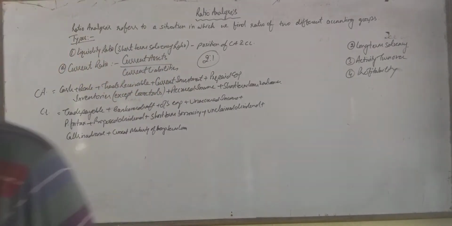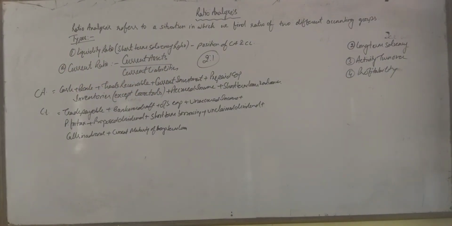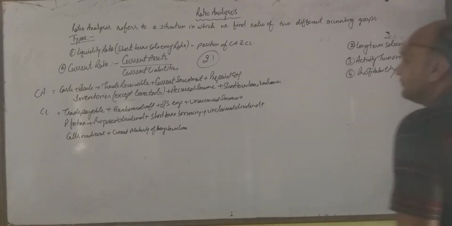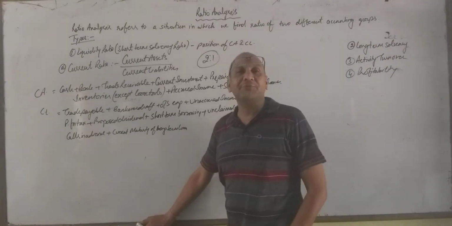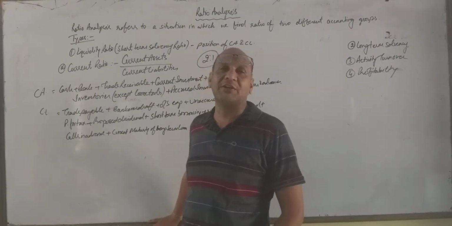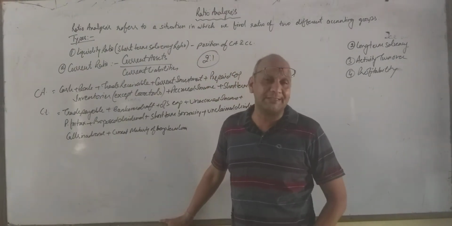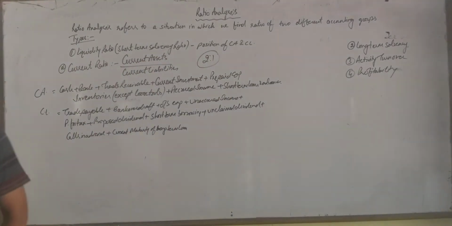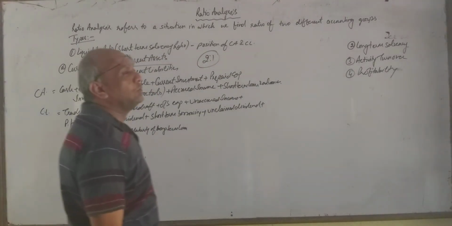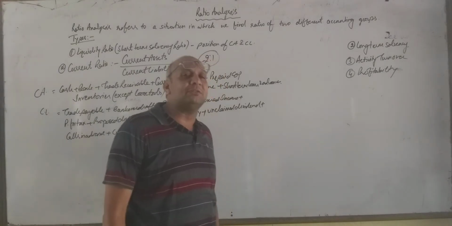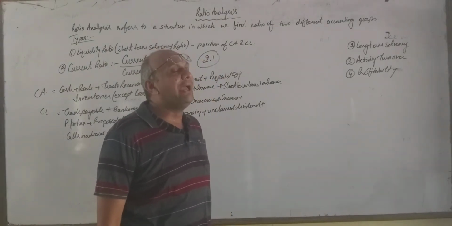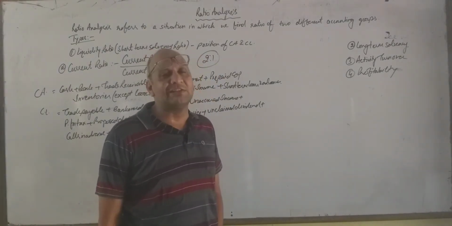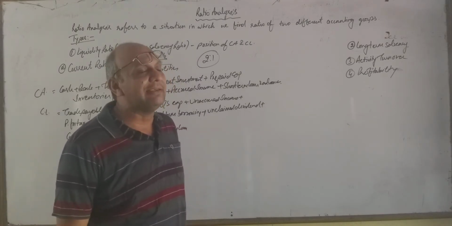Balance sheet will give the position of current assets and current liabilities, but it will not tell us whether we have enough current assets to pay current liabilities or not, or what is the position of current assets and current liabilities. So therefore, in order to know the actual financial position, we analyze our financial statement.